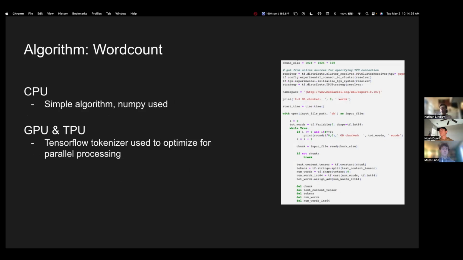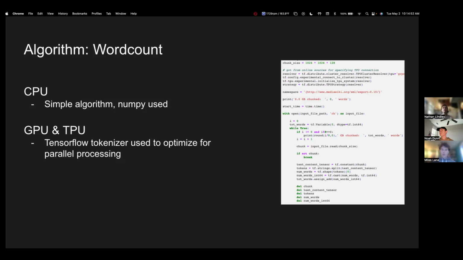It was a little different for GPU and TPU as we tried optimizing those processing units using TensorFlow. To do this, we used a tokenizer that would tokenize the white space, and then attempt to find the length of those chunks and add them to the word counter just like CPU.